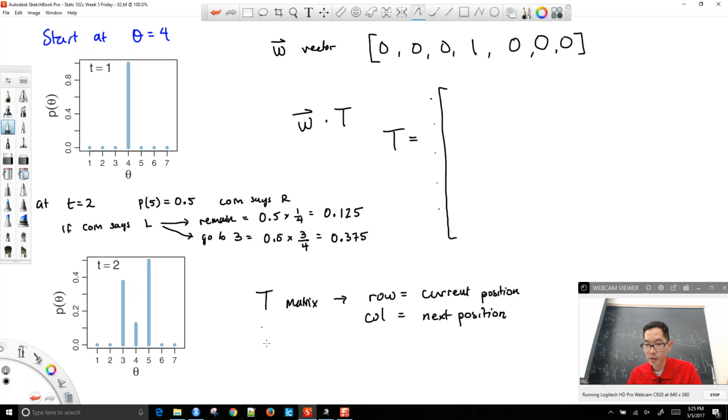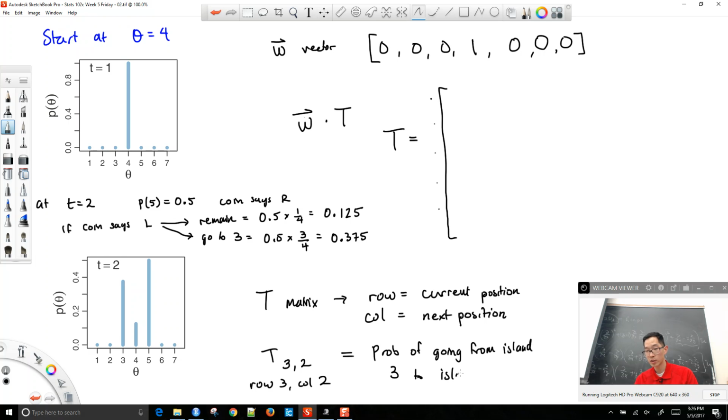And thus the position third row, second column, row 3, column 2, represents the probability of going from island 3 to island 2.